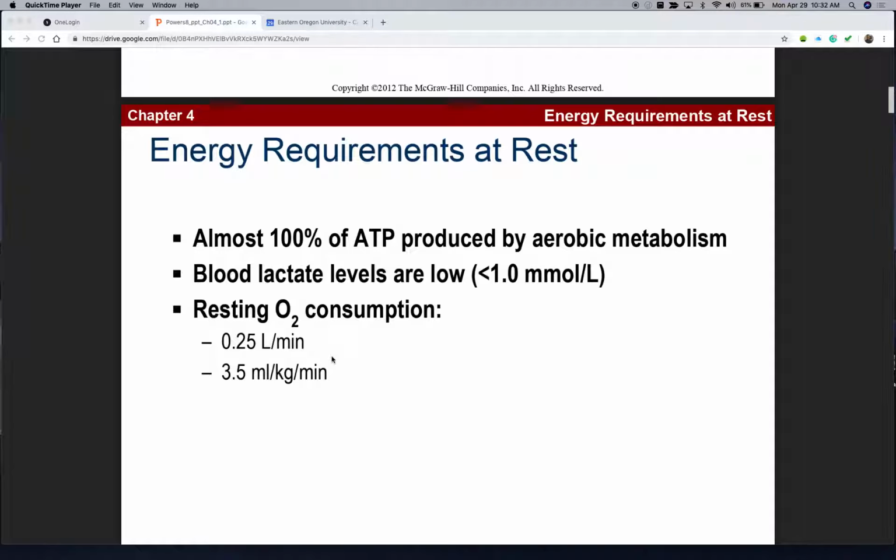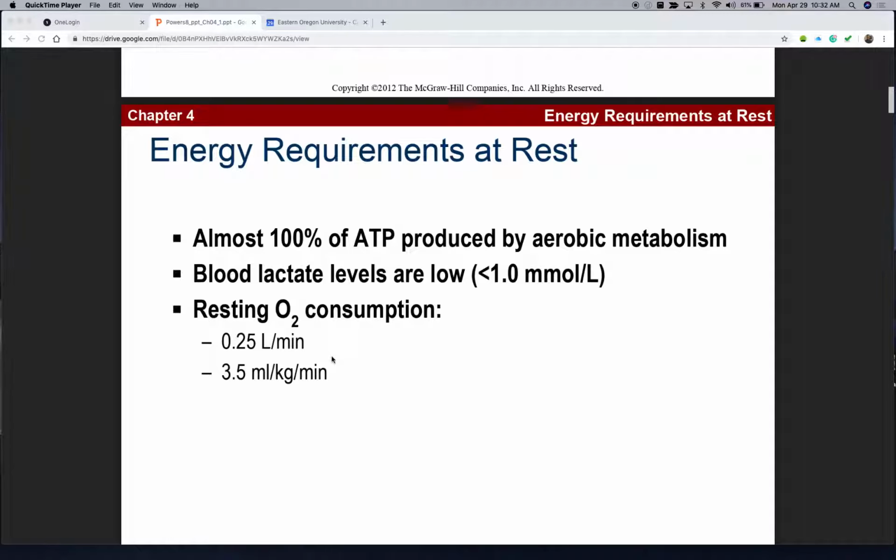I want to make sure we're clear about what these values mean so that when we multiply things by minutes and kilograms, we know what we're getting, because we're canceling out units, things like that, right? You need to be able to track these things to make certain calculations about energy production, okay?